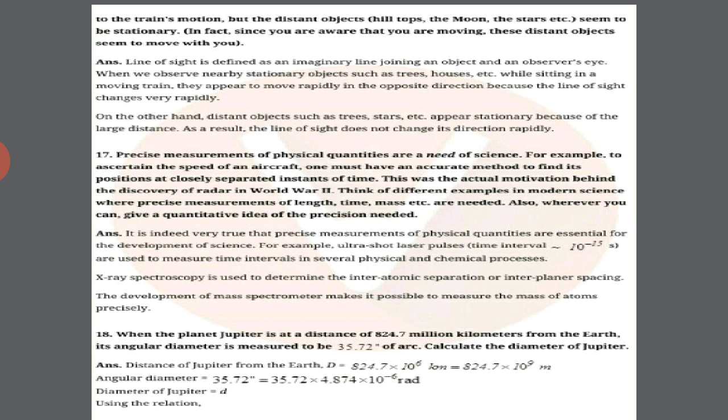Got it? On the other hand, distant objects such as hills, stars, etc. appear to be stationary because, due to the large distance, the line of sight does not change its direction rapidly.